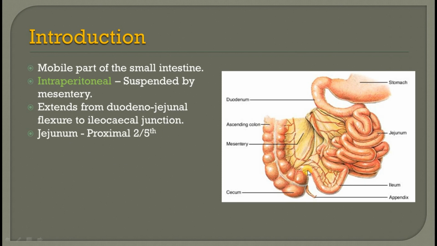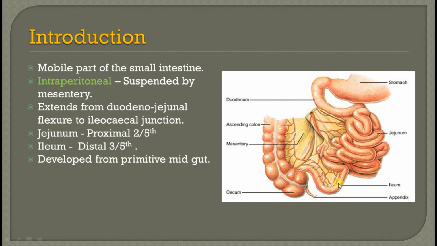Which means around 8 feet of the 20 feet, the first 8 feet, is contributed by the jejunum. The remaining 12 feet, the distal 3/5, is contributed by the ileum.